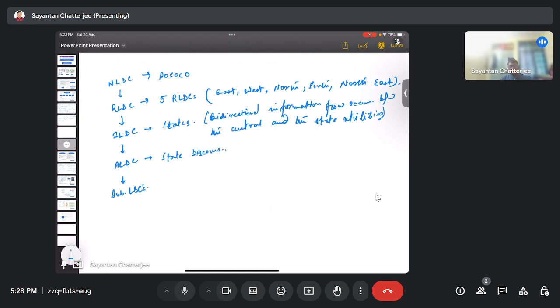So the main problem here is that, in the previous cases, the information was delivered by the NLDC itself to the lower levels.